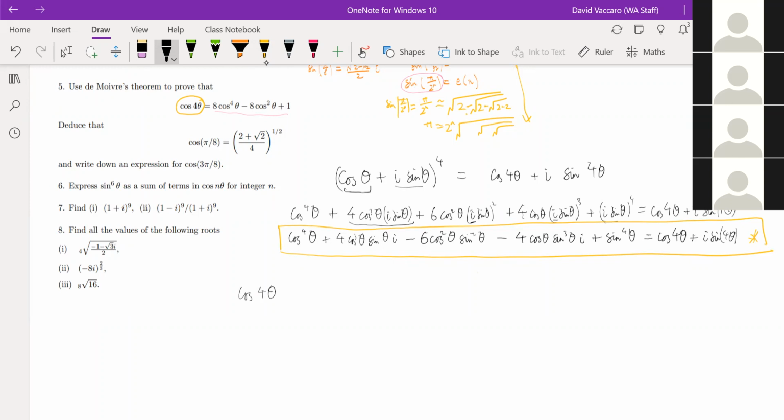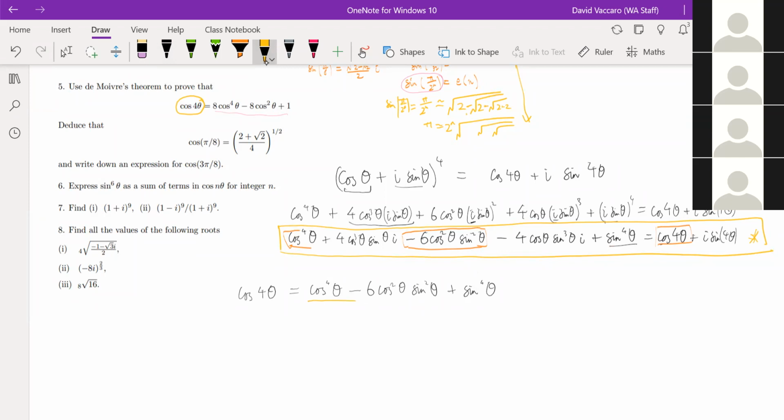Which terms on the left do I need to pick out? Well, cos 4 theta is the real part on the left, so I just need to look at the terms on the left which will be real. And so these are the first term, which is cos to the 4 theta, this middle term, which is 6 cos squared theta sine squared theta, and then this final term, which is sine to the 4 theta.